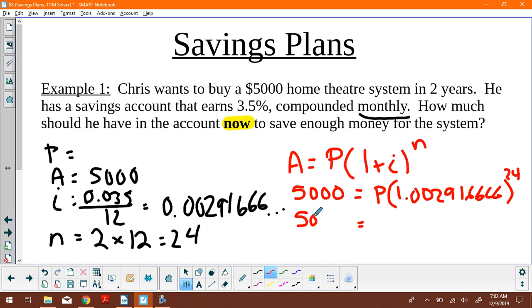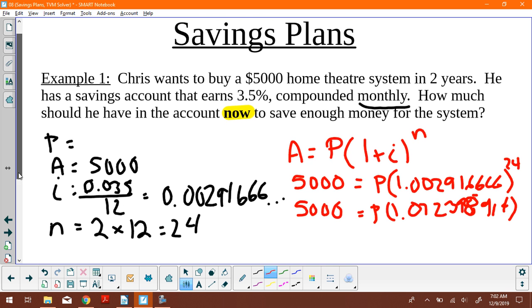So 5,000 equals P times 1.072398914. I apologize for the messy writing there.